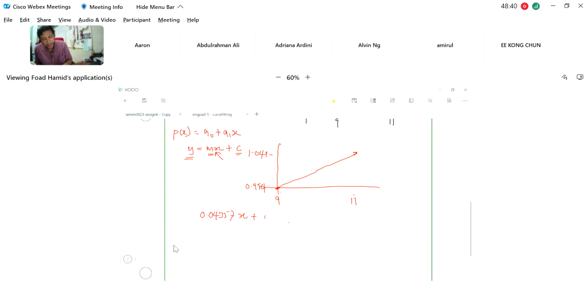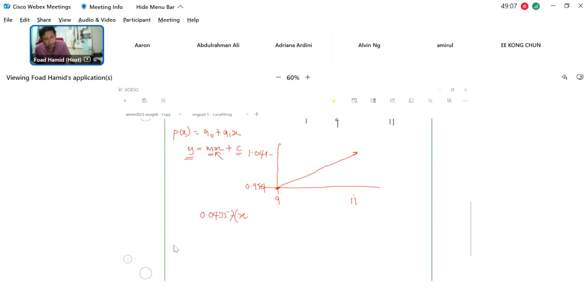Remember that from math, my x-axis did not start from 0. It started with 9. So what I need to do is shift my axis. The slope is correct. If this is a straight line, wherever the location is, my slope is still correct.